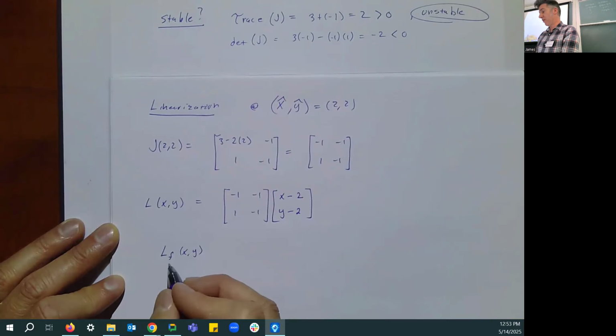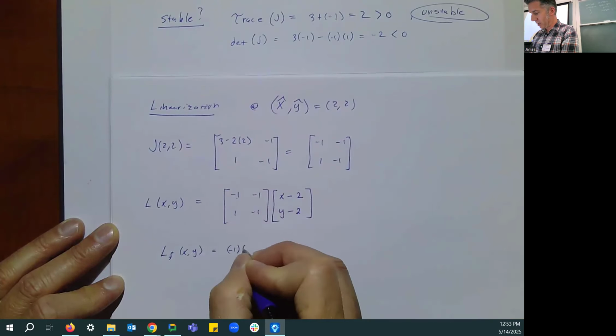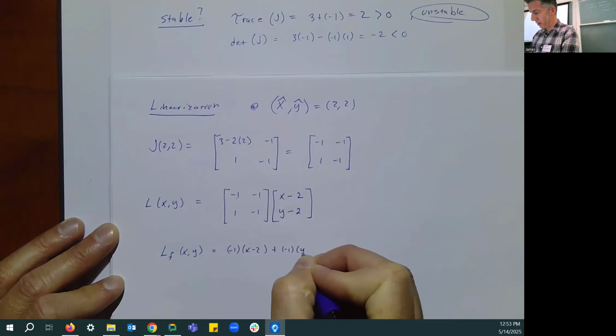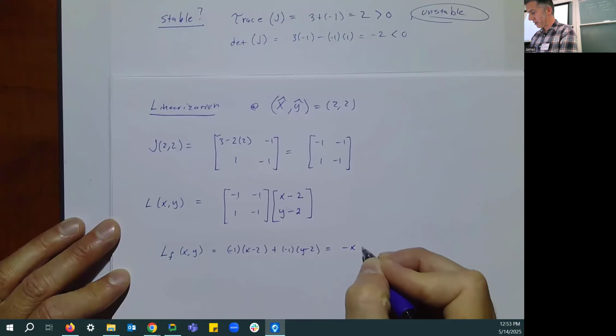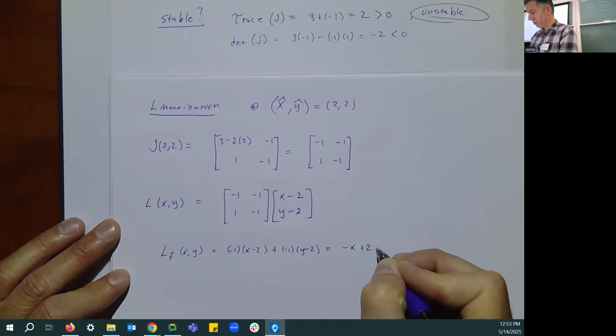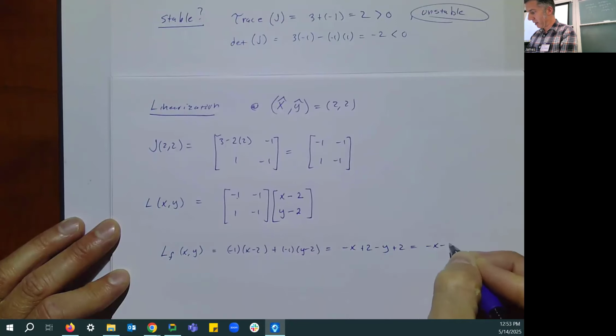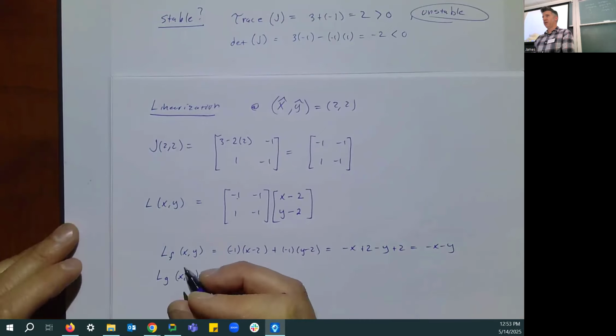The linearization of f around (2, 2) is equal to -1 times (x minus 2) plus -1 times (y minus 2). And if we simplify that, that's going to be -x plus 2 minus y plus 2, which is -x minus y.